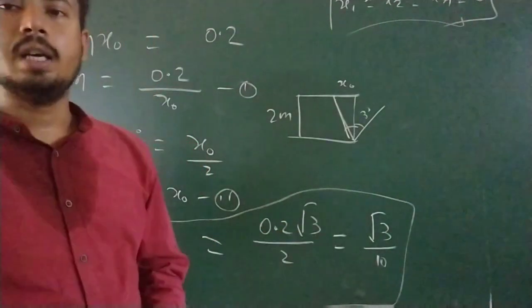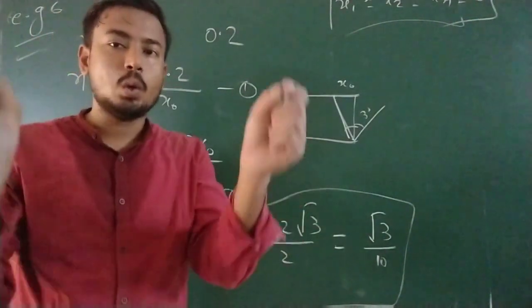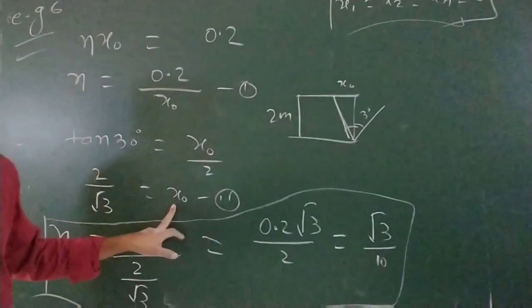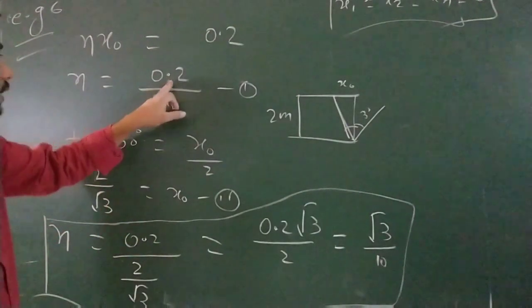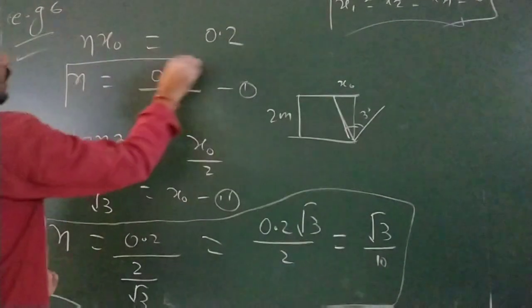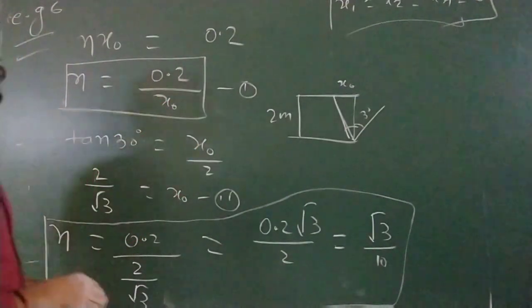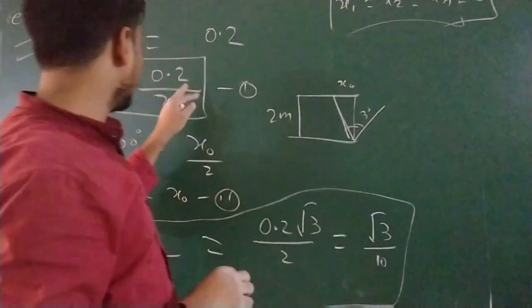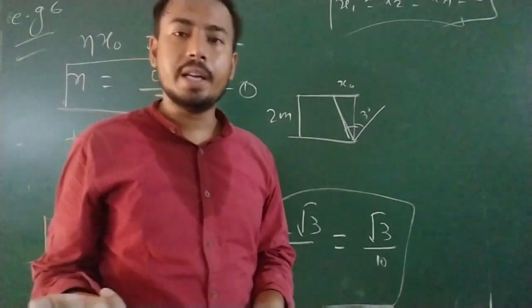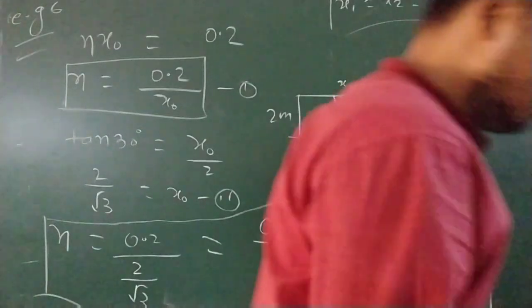So you just have to keep this formula: number of reflections is equal to total distance divided by distance traveled in the first reflection. This is the formula to calculate the number of reflections. Getting my points? Coming on to the next question.